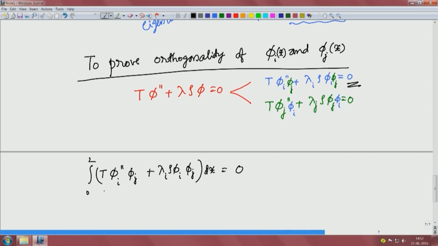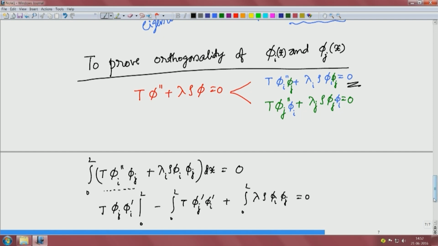Again we will do integration by parts for this. When I do that, I get T, first function I take phi j, integral of second function I take phi i double prime, so that becomes phi i prime, from 0 to L, minus the derivative of the first function, that will become phi j prime, integral of the second function phi i prime, and then 0 to L lambda rho phi i phi j equal to 0.